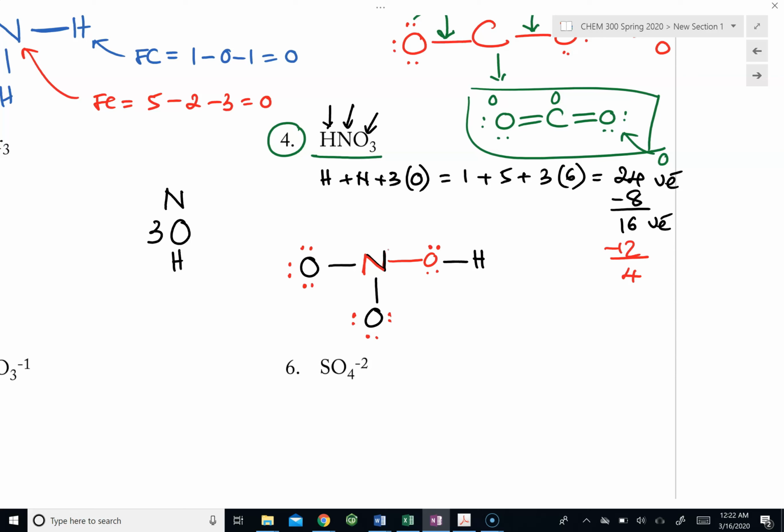Which lone pair do we take from? We can take it from either the oxygen on the left or the oxygen on the bottom. Why? Because this oxygen has the most lone pair electrons, so it will be happy to give it to the nitrogen. So we can take either the one from here and move that in, or the one on the bottom.